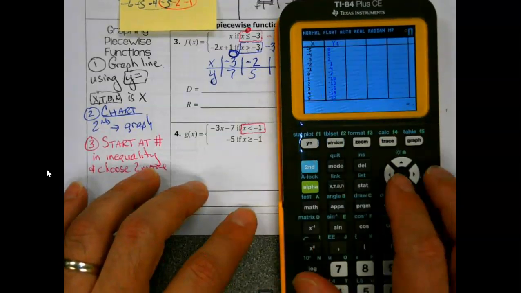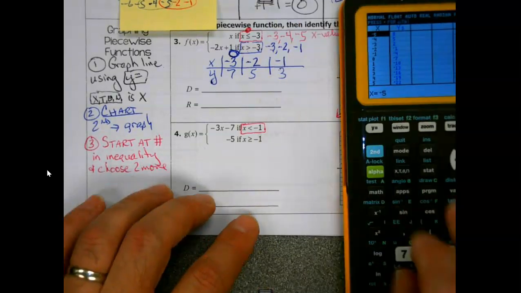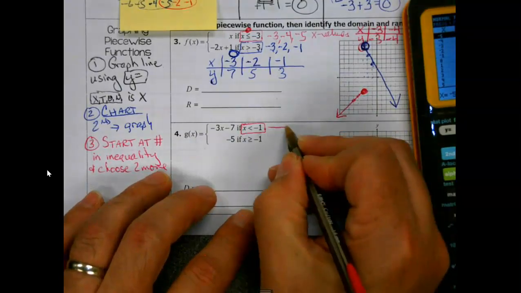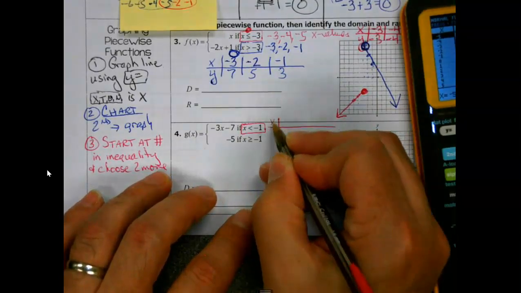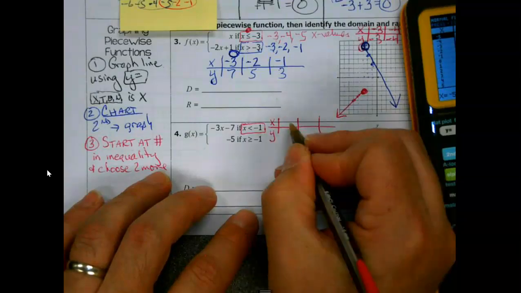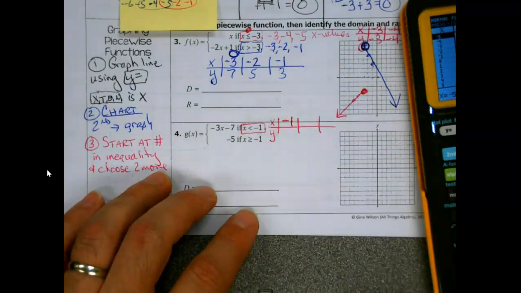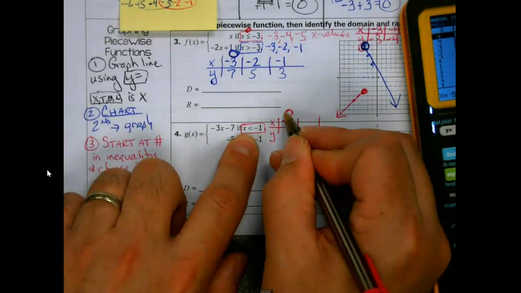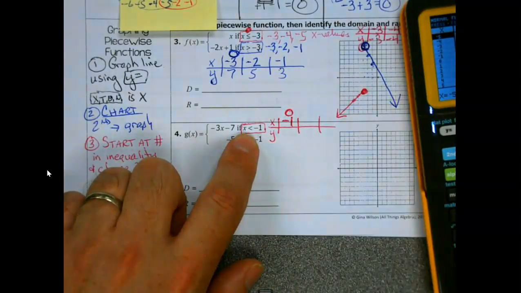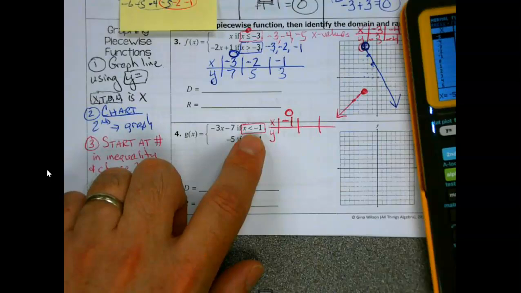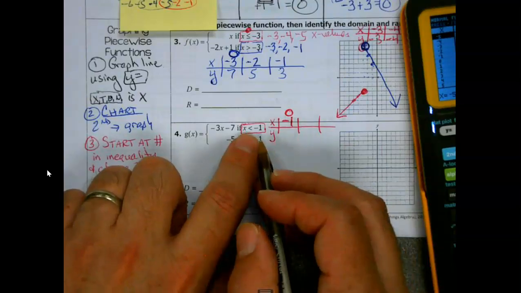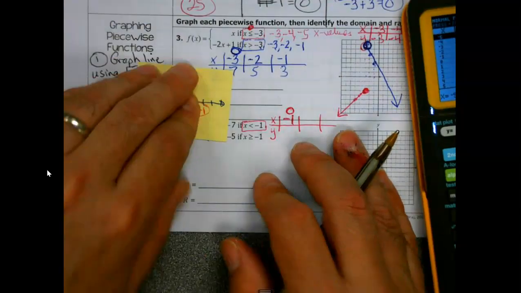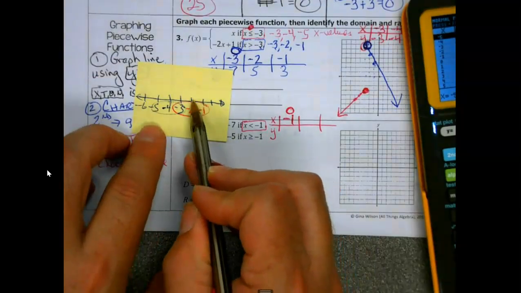So if I pull up my chart, now I need to know, I know we're starting at -1. There's no line underneath, so this is going to be an open circle. Again, x is less than -1. Less than, we're going to the left.